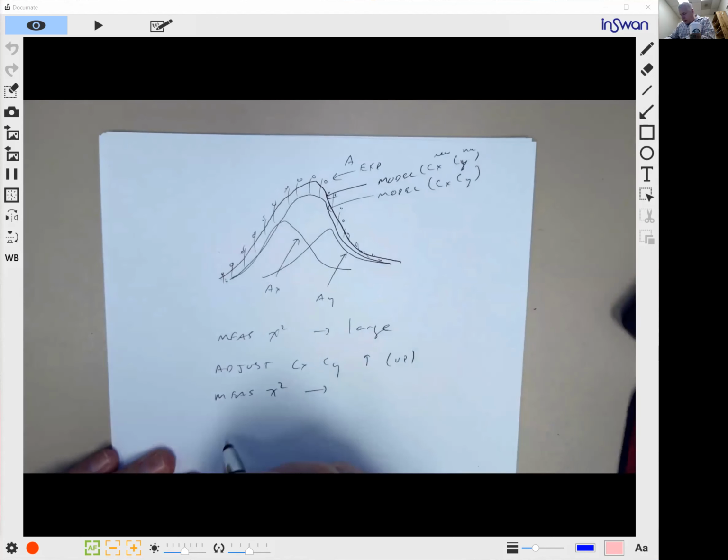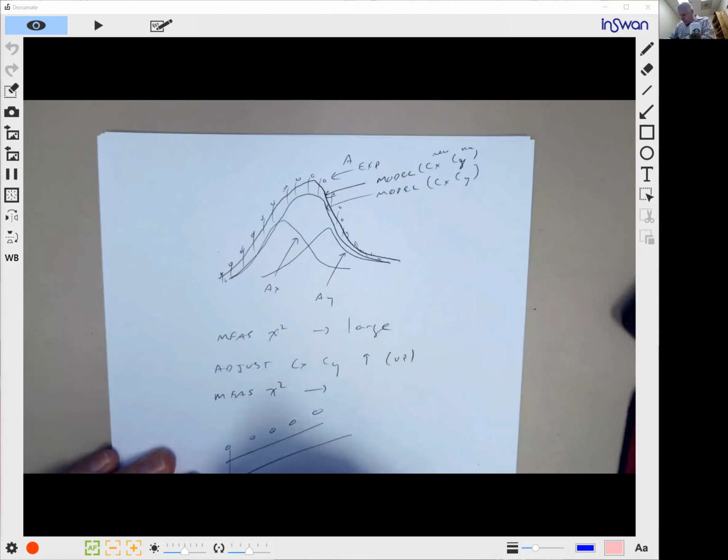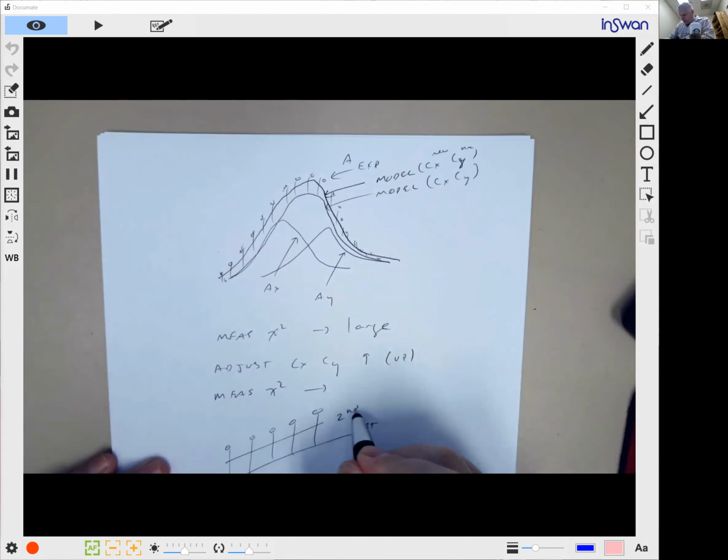And so what we've got is, this is the first case, and this is the second case, right? This is R1.